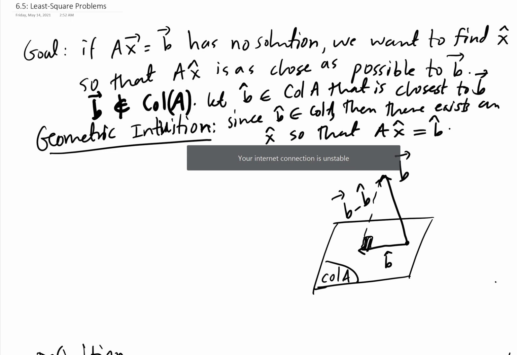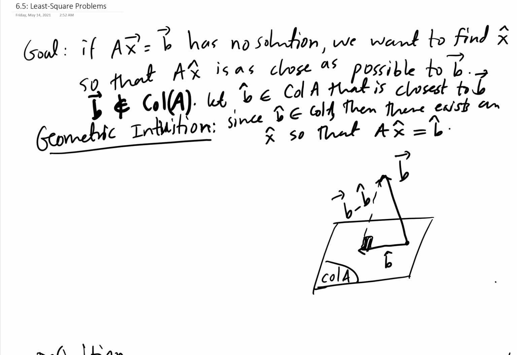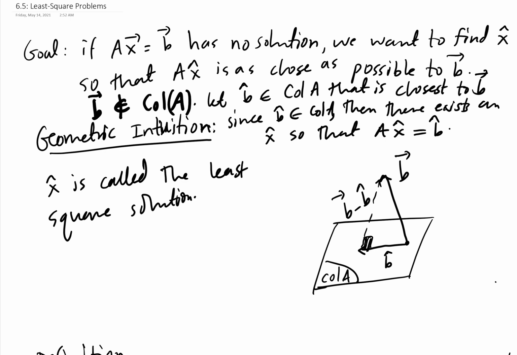This is a 90 degree projection, and that's what we did in the last several sections. So x hat in this case is called the least square solution. This x hat is the vector that gets us the closest to vector b.